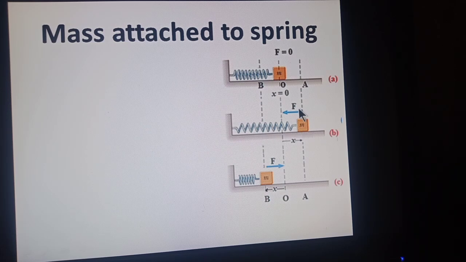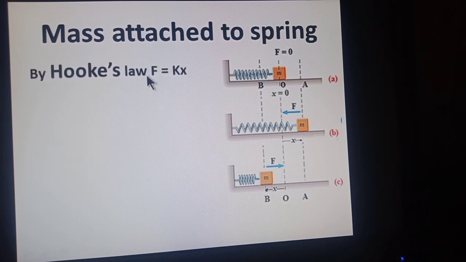How much force is required? It depends upon how much we want to compress the spring to move the mass towards left. Let x is the distance through which we compress the spring and mass is moved towards left. Students, by Hooke's law, the applied force F is equal to kx, where k is called the spring constant.